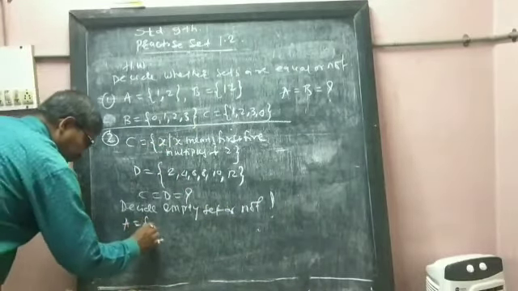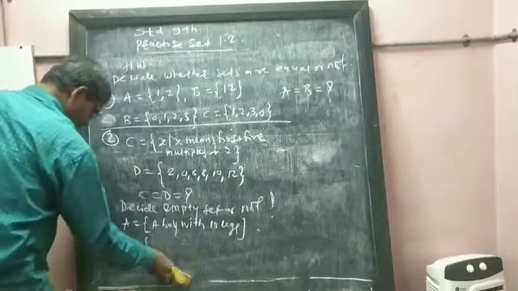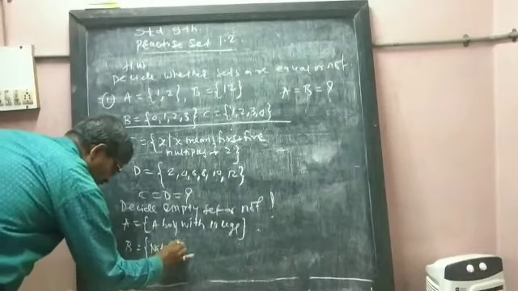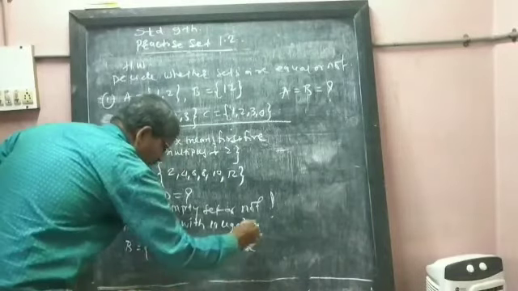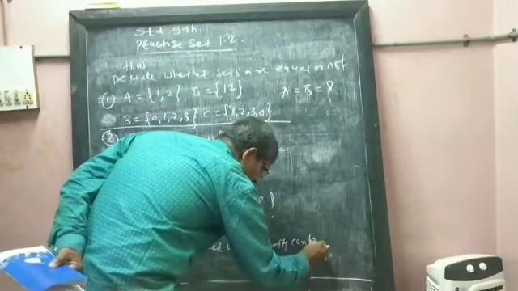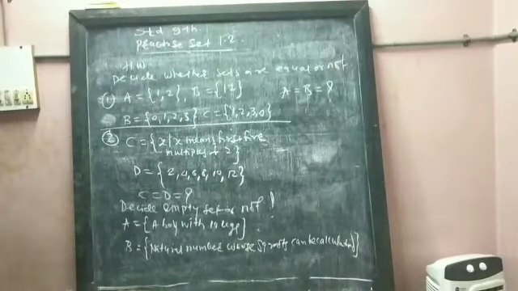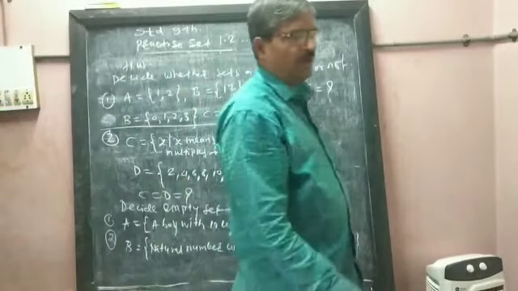B is the set of natural numbers whose square roots can be calculated. There are 2 questions given here. You should decide. This is simple. A small homework is given to you, and I hope that you will solve this.